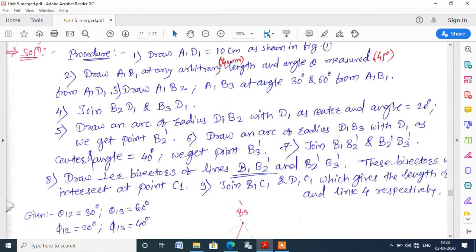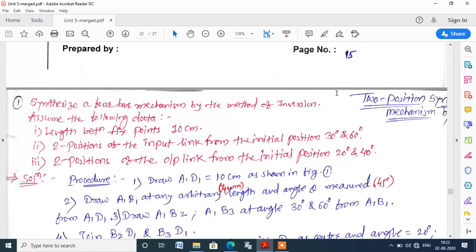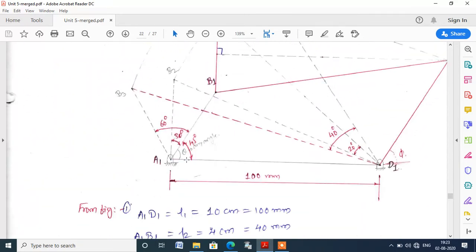Next, draw A1 B2 and A1 B3 at an angle 30 degree and 60 degree from A1 B1. Here it is mentioned, two positions of the input link from the initial position are 30 degree and 60 degree. Here the initial position we have drawn is A1 B1. So from this initial position we have to draw the two positions. The first position is A1 B2.